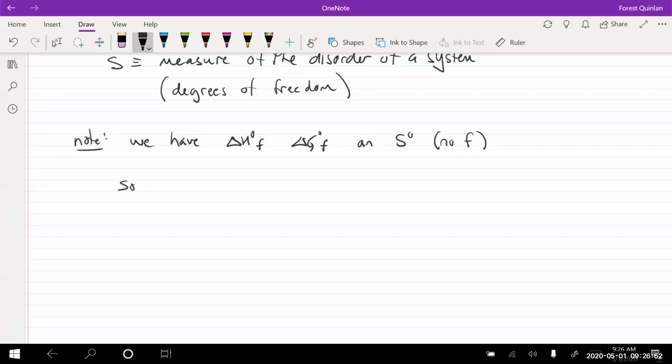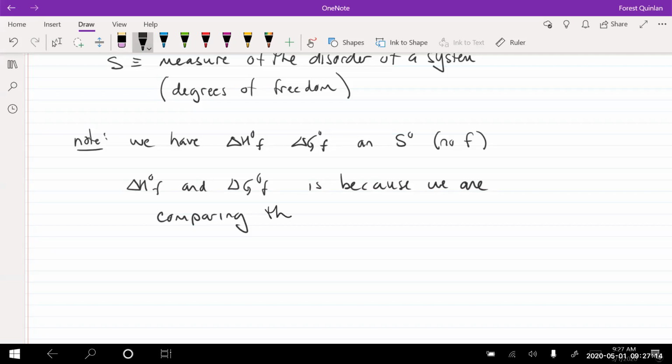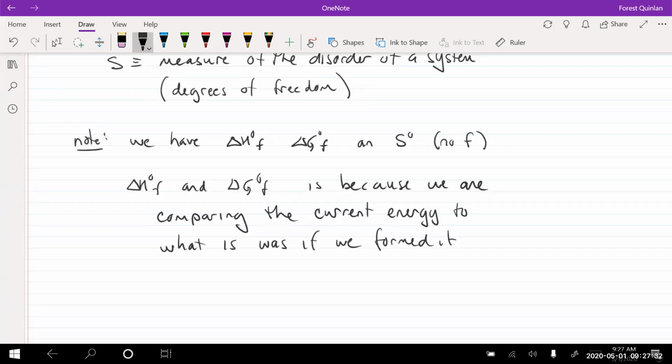So delta H naught of formation and delta G naught of formation is because we are comparing the current energy to what it was if we formed it from its elements.